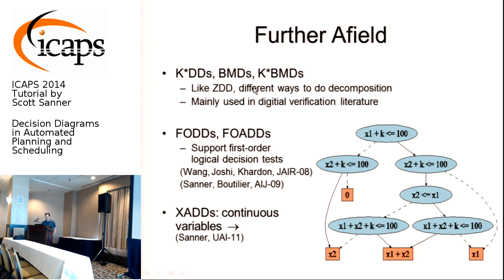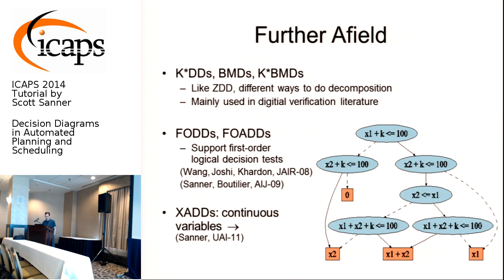So there are these things called first-order decision diagrams, and in my thesis, first-order algebraic decision diagrams. The idea basically is to replace these inequalities with a logical formula. They could have free variables, or they might not have free variables. If you do this, then you get these first-order diagrams. Roni Khardon and his students have done one variant, which is very cool and can be much more compact than first-order ADDs.